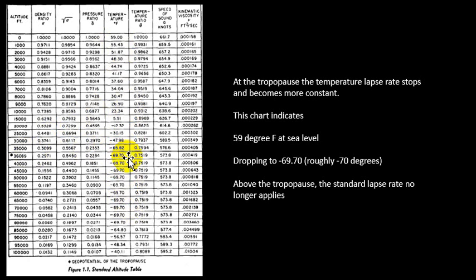And at about 85,000 feet, and most of us will not be flying at those altitudes, the constant temperature stops and it gets a little bit warmer, up to 100,000 feet.